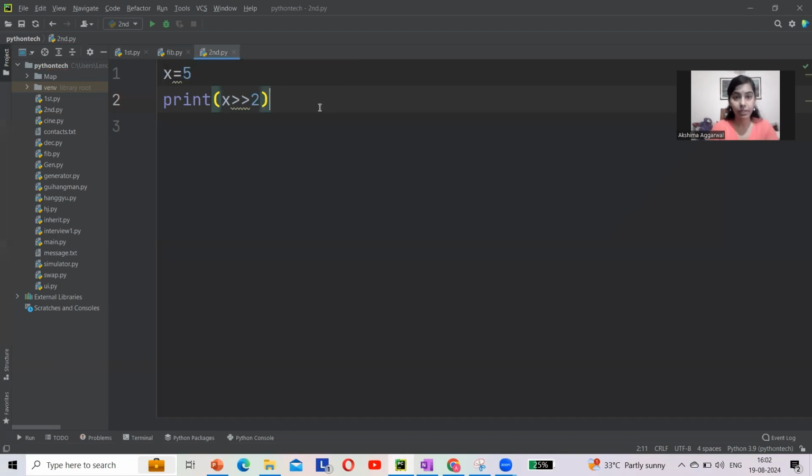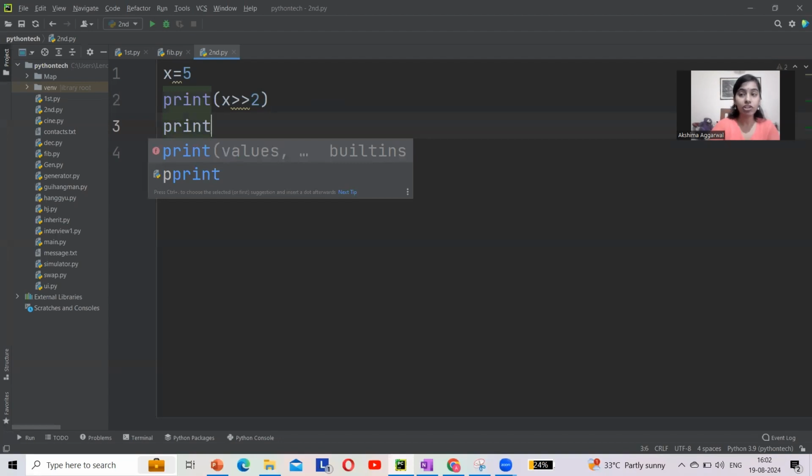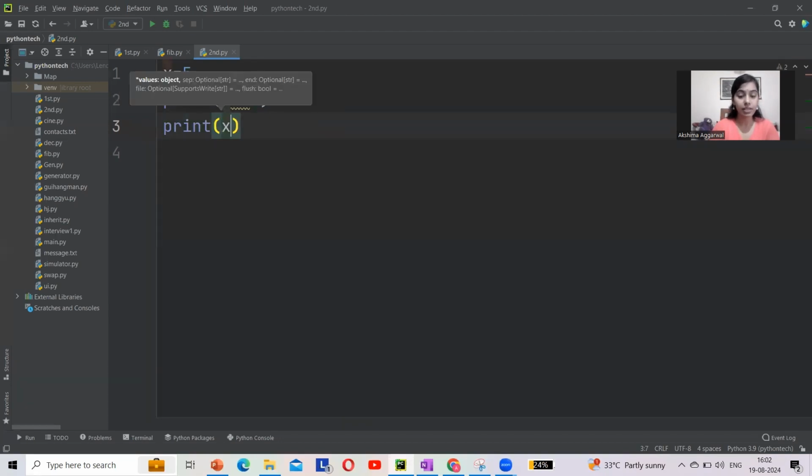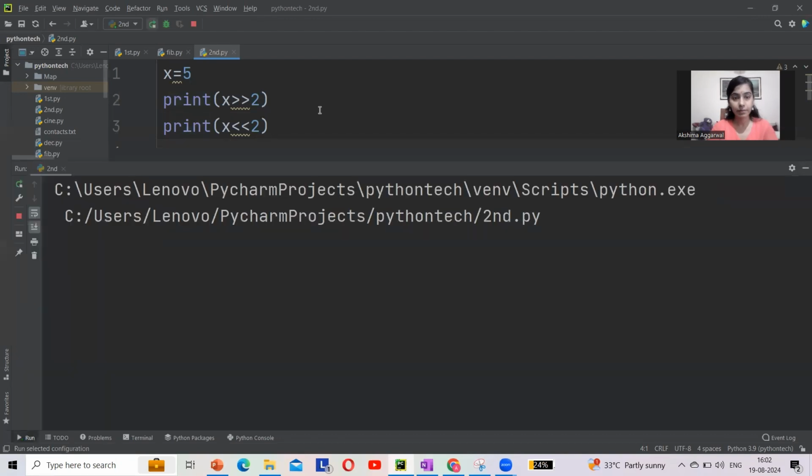That is a right shift operator. Similarly, I'm using left shift bitwise operator, x << 2. Okay. Now let's run this code. You can see the value of right shift bitwise operator, that is 1. Left shift bitwise operator, that is 20.